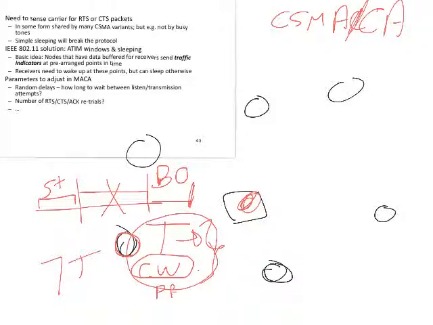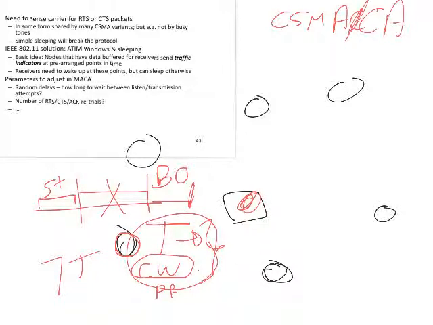So this way we can increase the time before which we have to resense the channel again, or try to send again. So this way we save energy. But we save energy at the cost of what? Of latency, right? So we save energy, but we have to delay ourselves. So that's one parameter we can control.